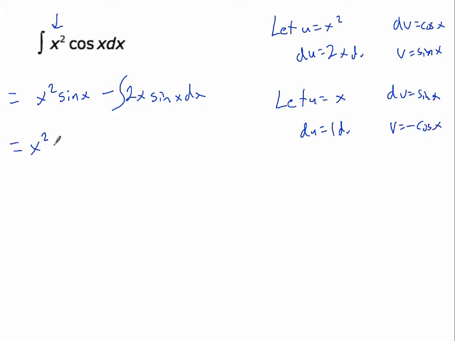So we've got x squared sine x. I'm going to take that 2 outside. And then here we've got the uv minus the integral of v du.